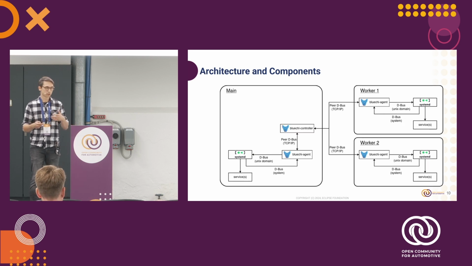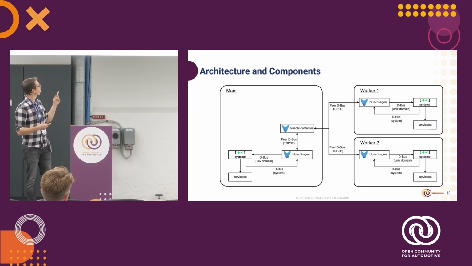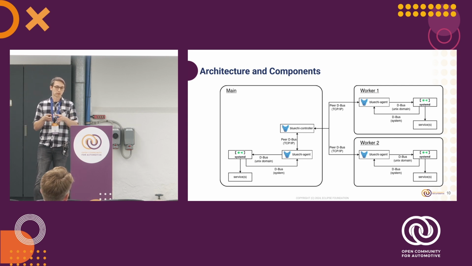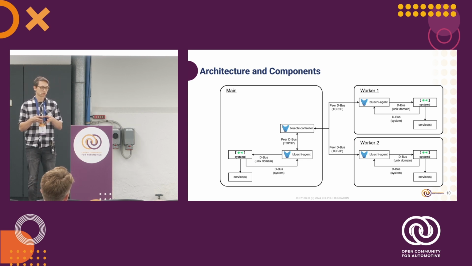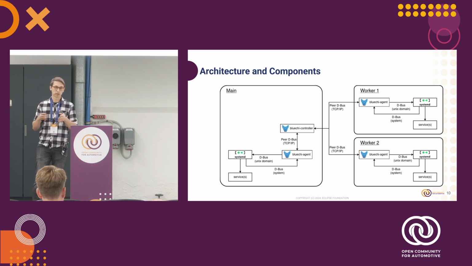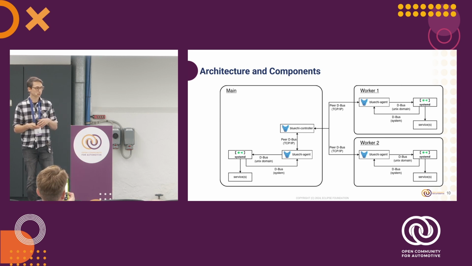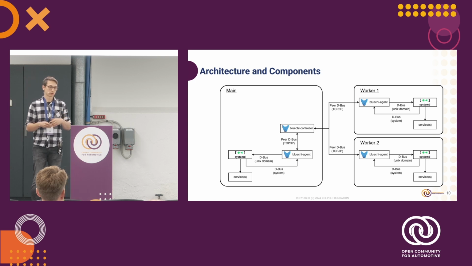And each agent is connecting itself to the second component, which is the controller. The controller is a centralized application which has peer connections to these BlueChi agents. And that means an agent cannot interfere with another agent on a different node. And we use TCP/IP as the mechanism for this.